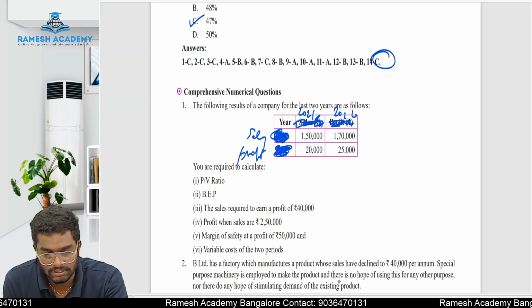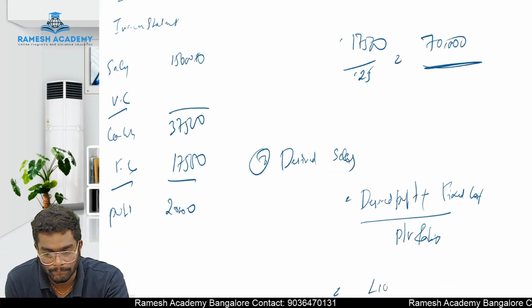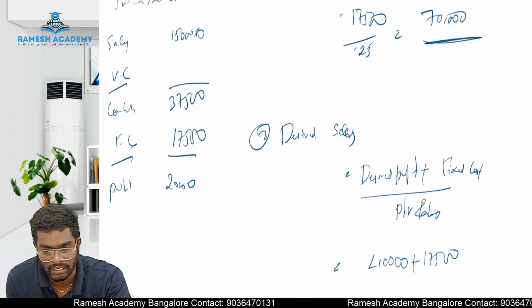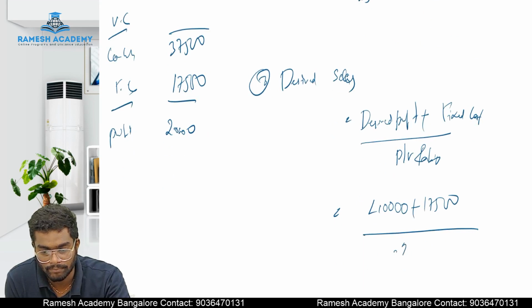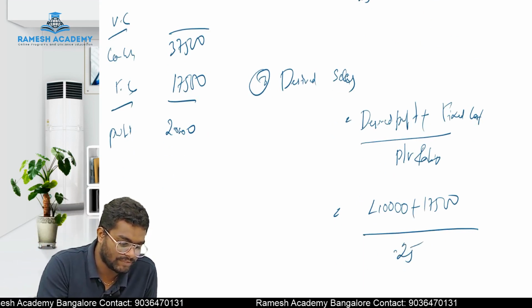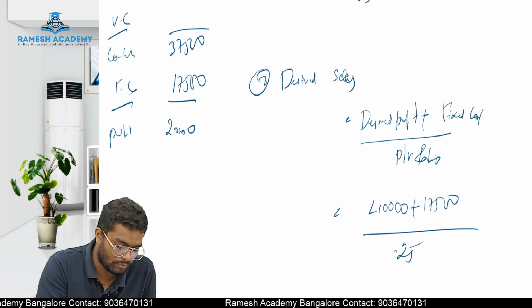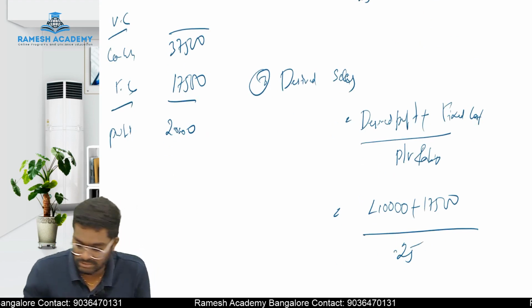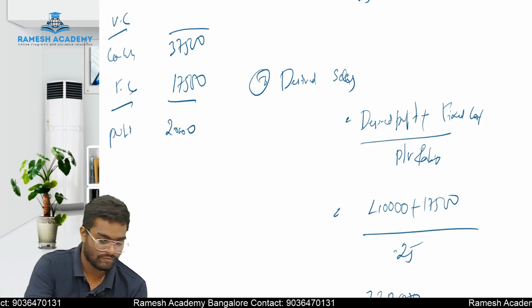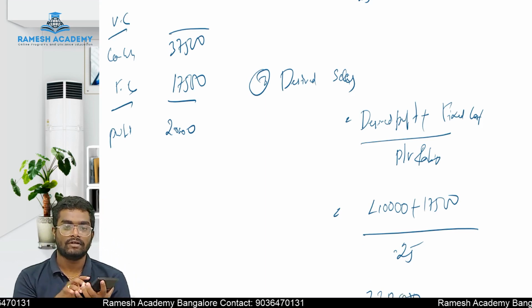Desired profit is 40,000, the fixed cost is 17,500. So 40,000 plus 17,500 is 57,500 divided by 0.25. This is 2,30,000. So if you make a sales of 2,30,000, you'll get the profit of 40,000.